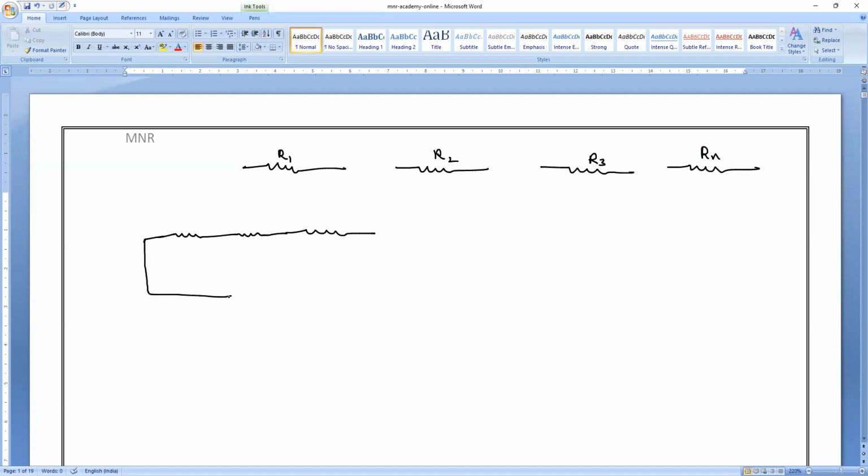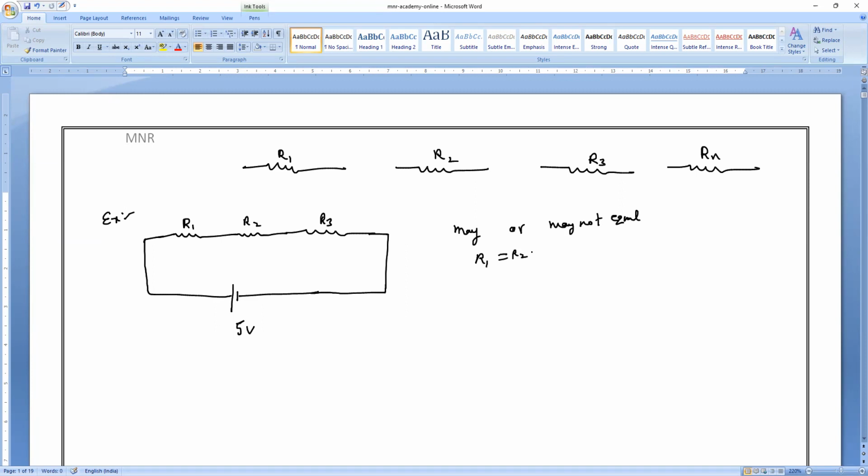So for example, I connect a series connection across a potential difference of 5 volts. Now R1, R2, R3 may or may not be equal.